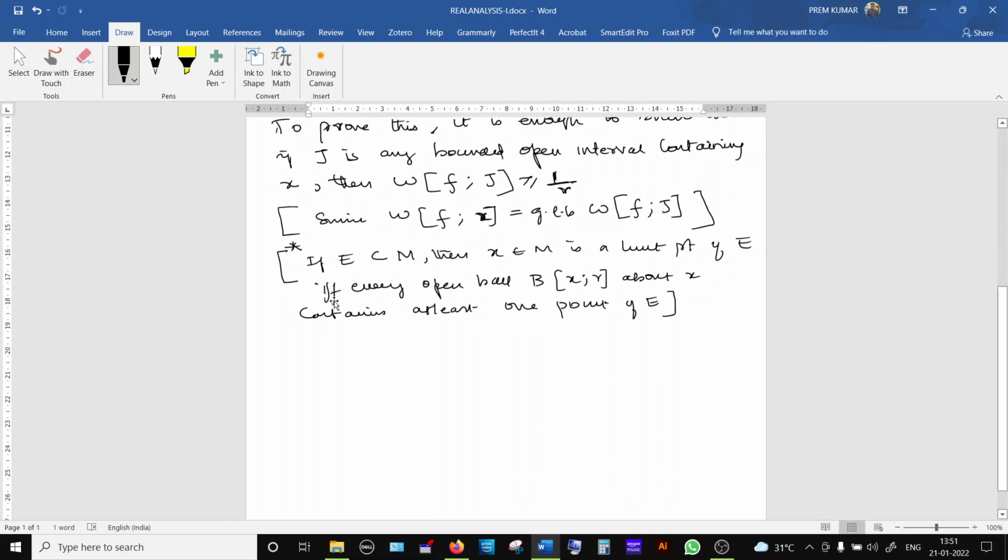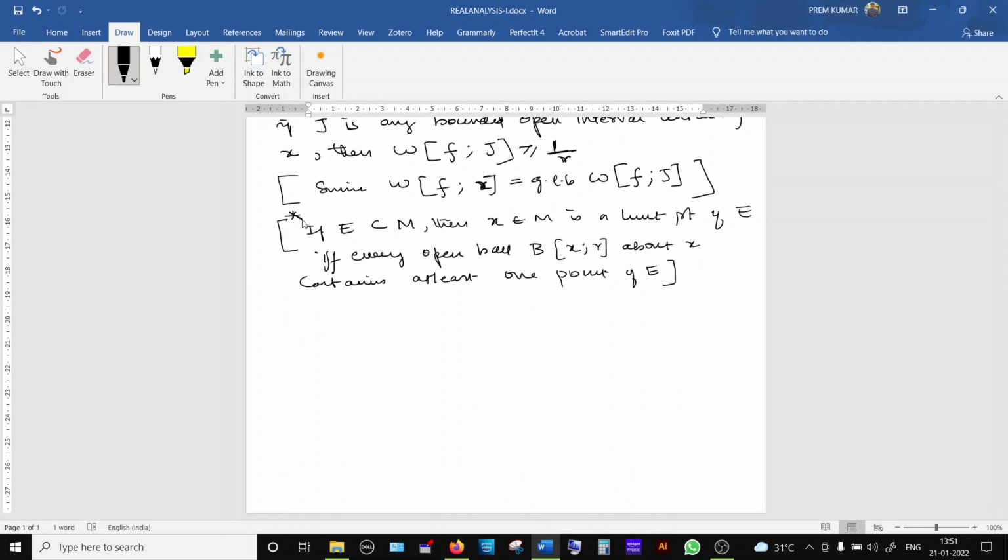So I am just going to use it. I gave the reference. The symbol is star. So now the open interval J. An open interval in the real line is nothing but an open ball, so in brackets I write open ball.